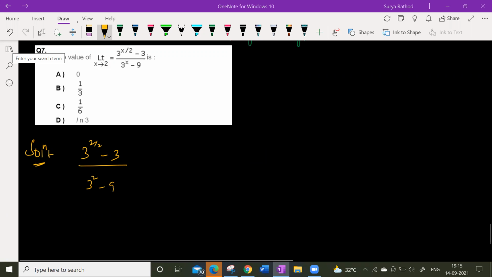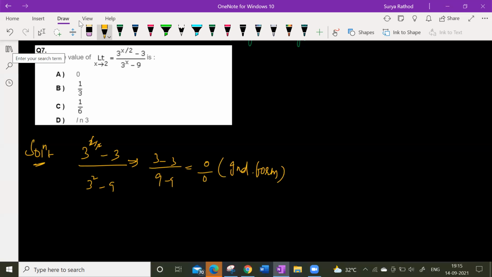Look at it here. So what do you get here? 3 minus 3 divided by 9 minus 9. So you get 0 by 0, which is indeterminate form.